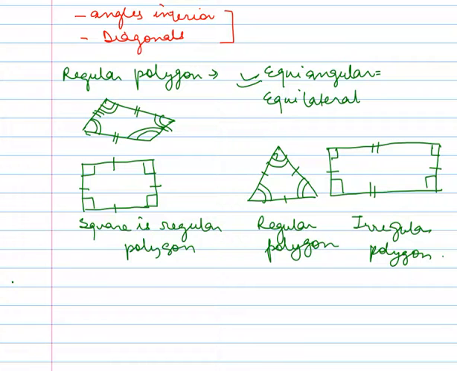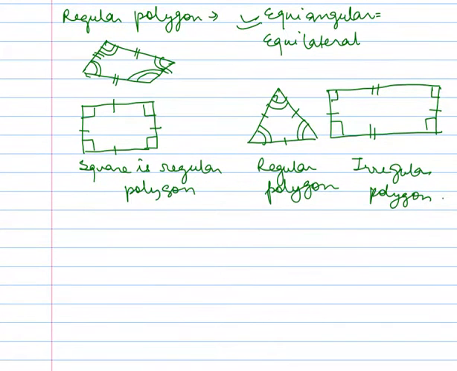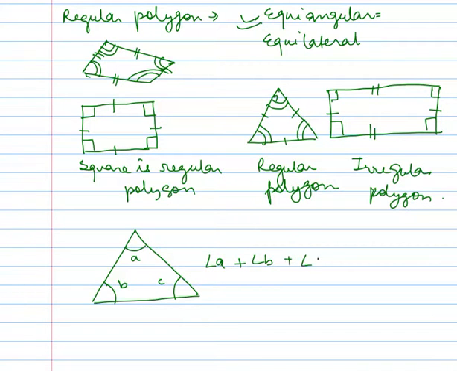Now let us look at one more definition, the angle sum property of a polygon. We all know that for a triangle, with angles A, B and C, angle A plus angle B plus angle C is equal to 180 degrees.